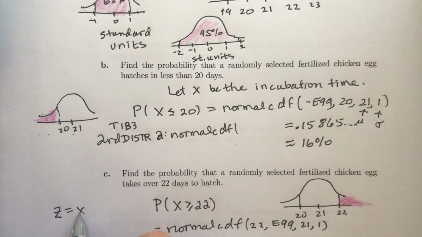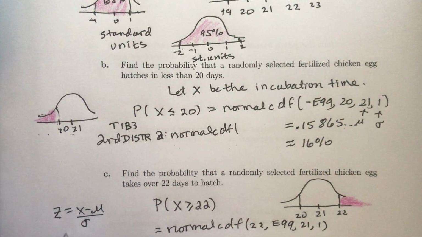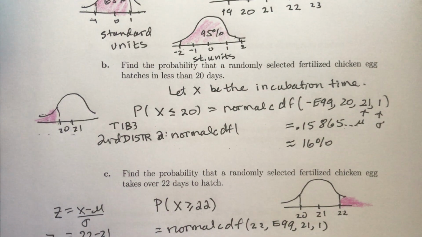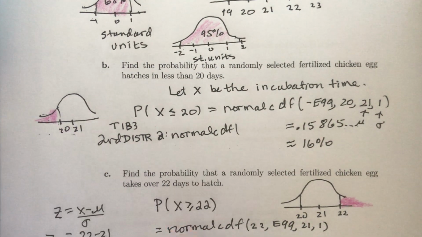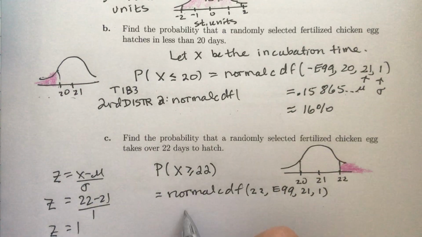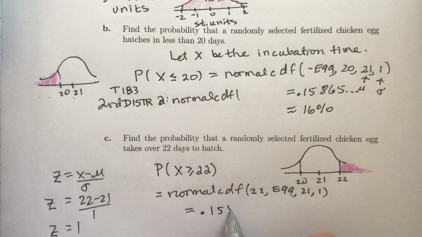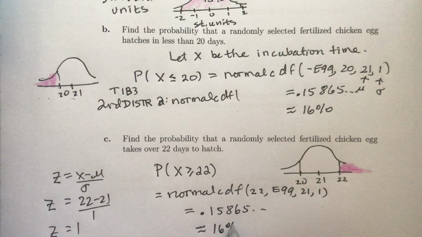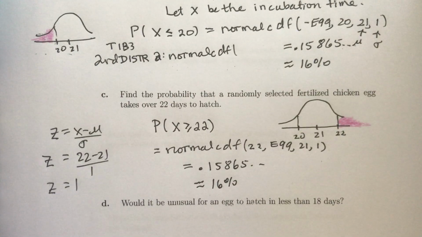Z is x minus mu over sigma. That's our formula. So Z is equal to 22 minus 21 over 1, that's 1, while here, Z was -1. So by symmetry you're going to get the same thing, 0.15865, etc. So that's approximately 16%. It's not that interesting of a problem. I should have done something different.